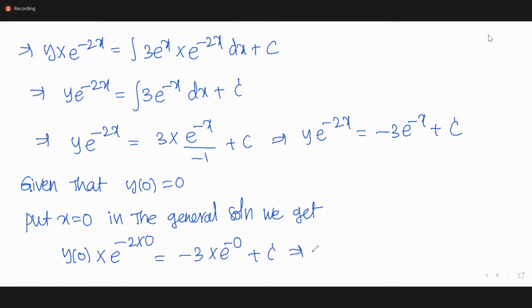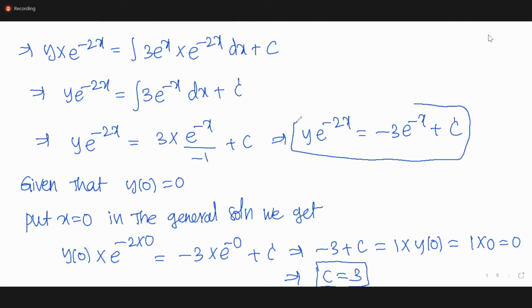So this is minus 3 plus c is equal to 1 into y of 0, so 1 into 0, 0. So c is equal to 3.